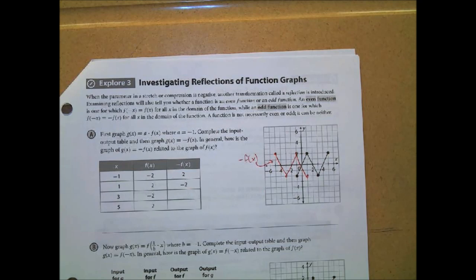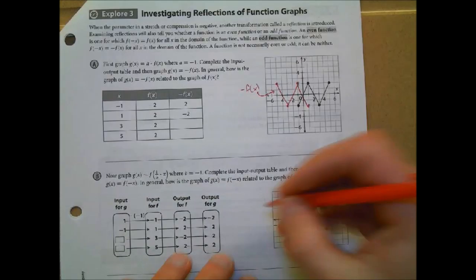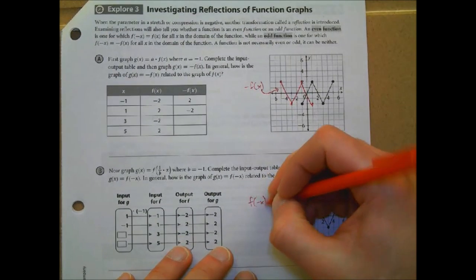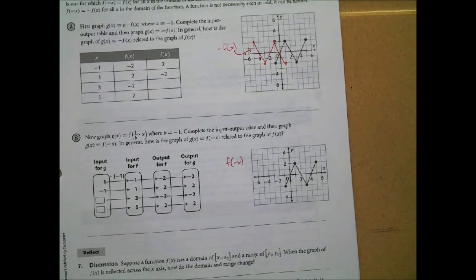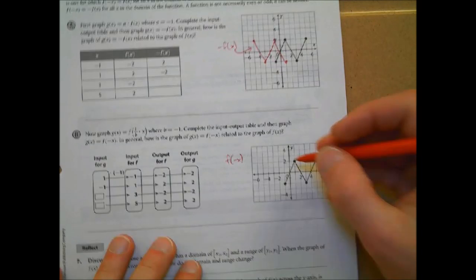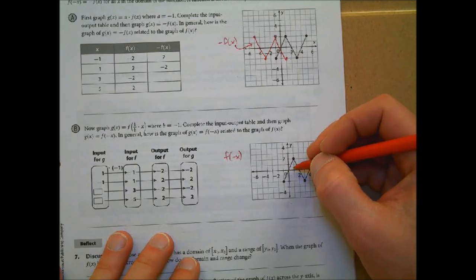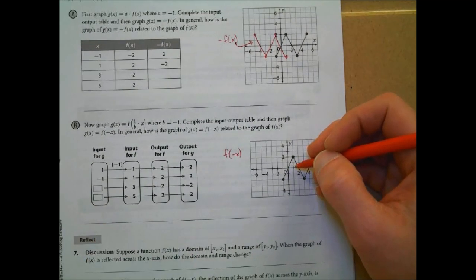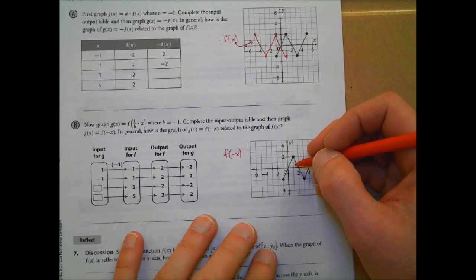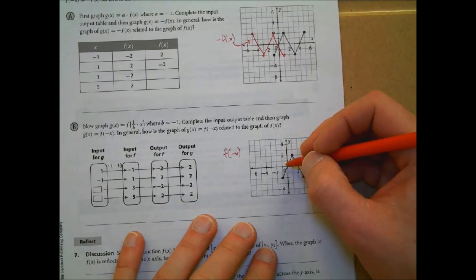Okay, and then here, this is f of negative x. That's reflecting over the x-axis. I believe it's reflecting over the x-axis, yes.